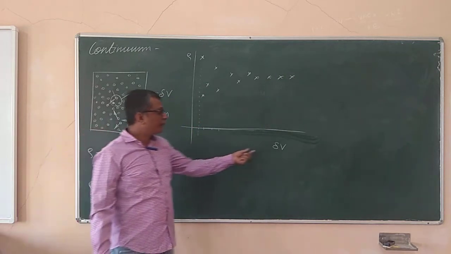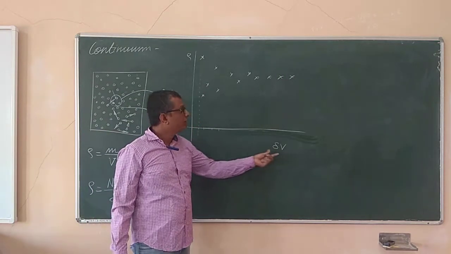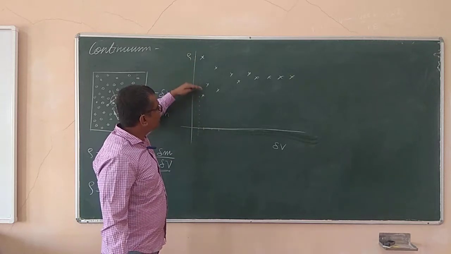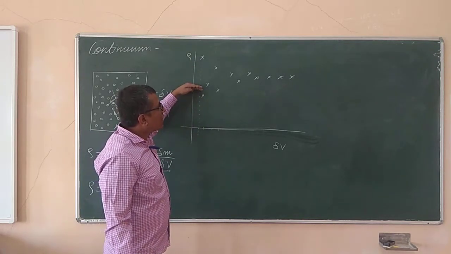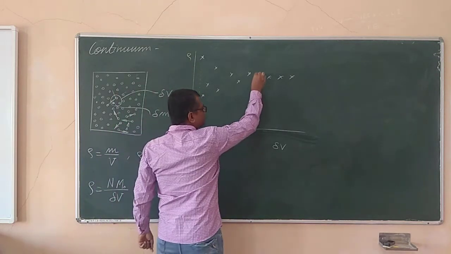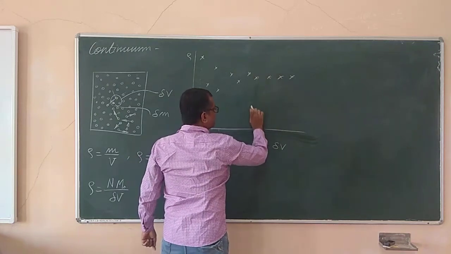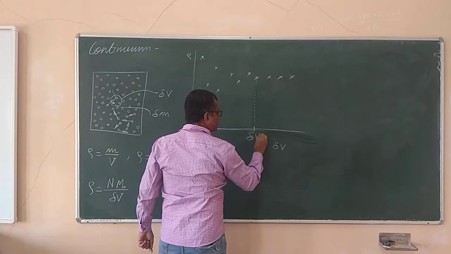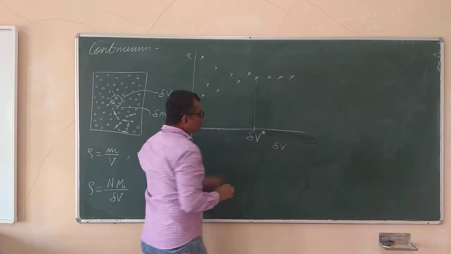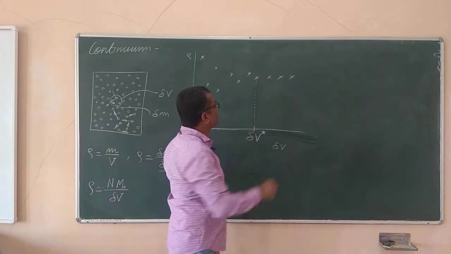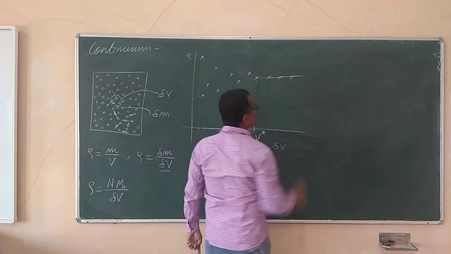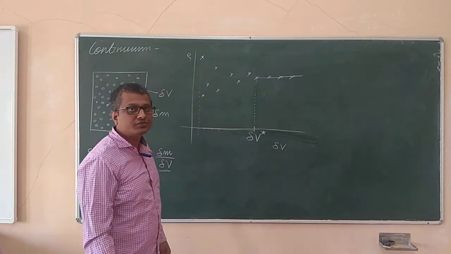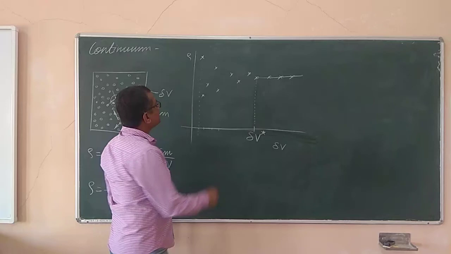So if you go for a very small elemental volume, there is a wide variation in the density of the fluid, and after a certain magnitude of delta V, let us say delta V star, from here onwards the density is going to become almost constant. It is not going to change. Here there is a huge variation.